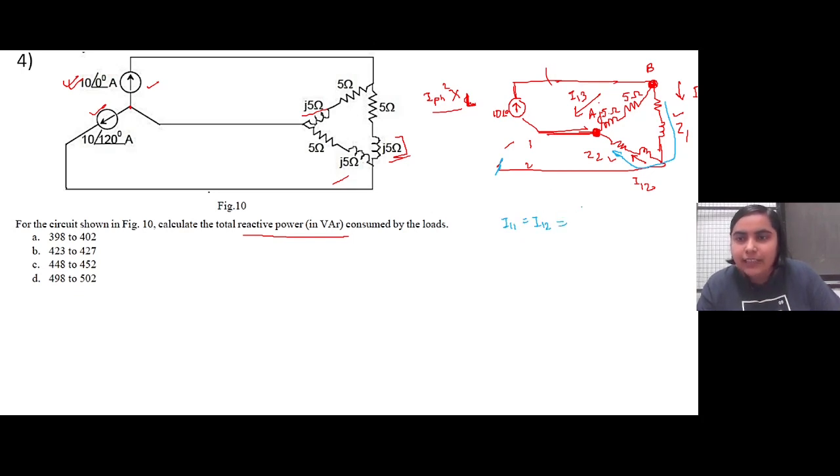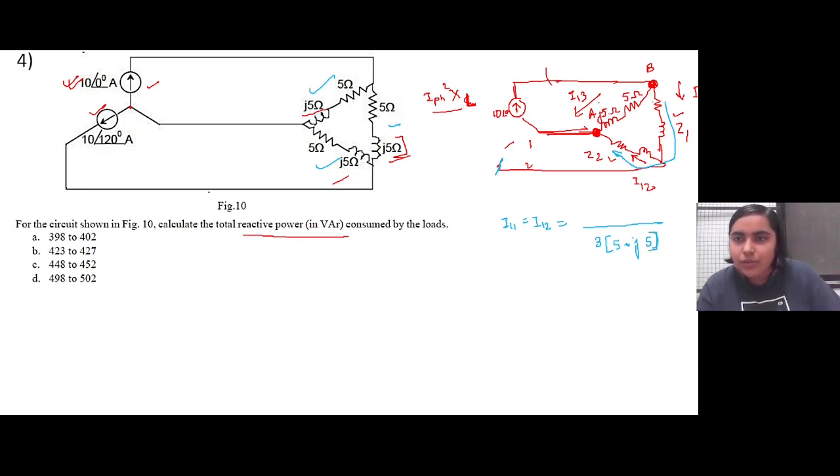And the total current in this branch, if you use the current divider rule, will be in inverse of the total impedance. So the total is 3 times 5 plus j5. Since it is the same in each branch, the total will be this plus this plus this, which is 3 times of this.